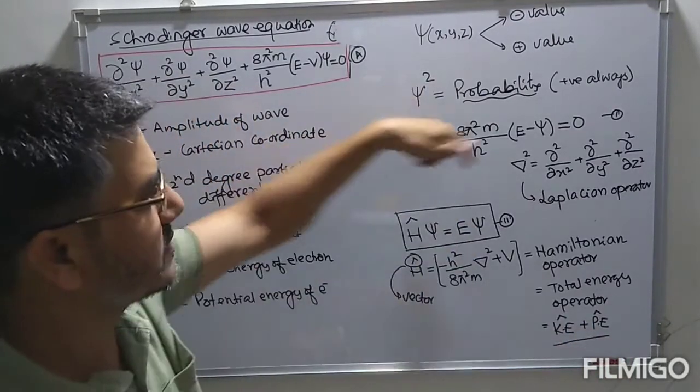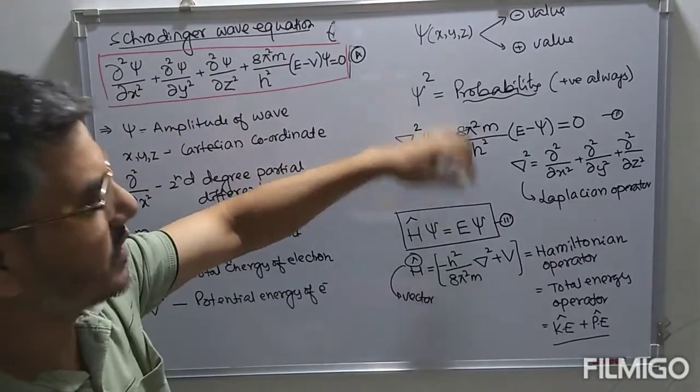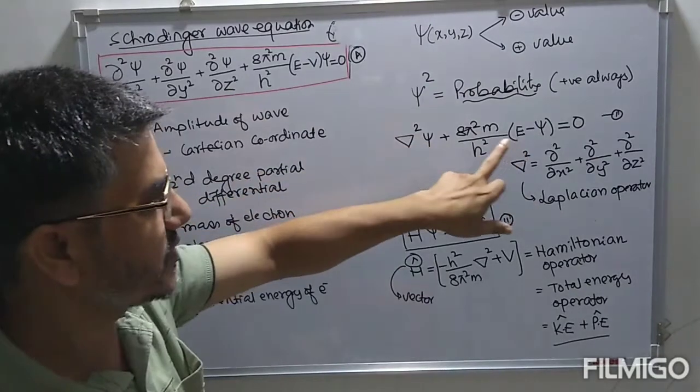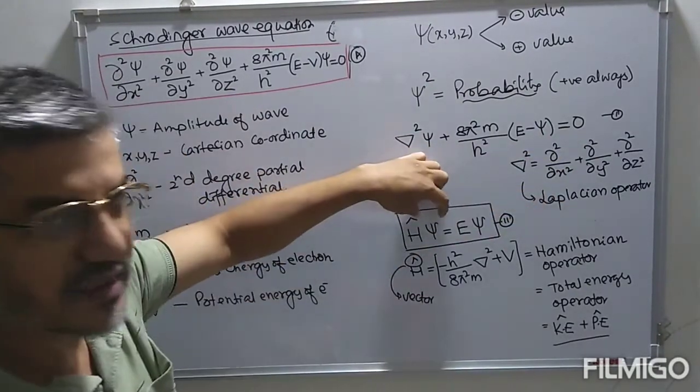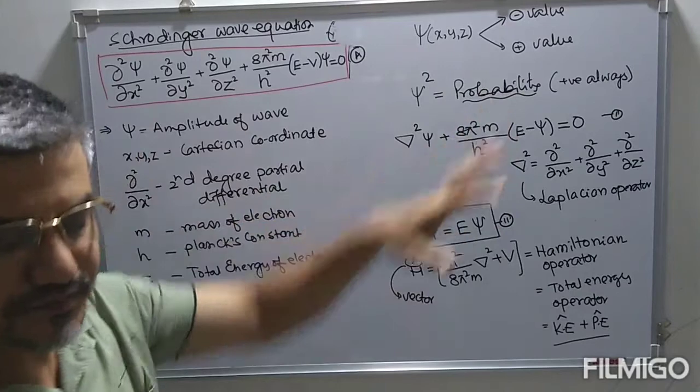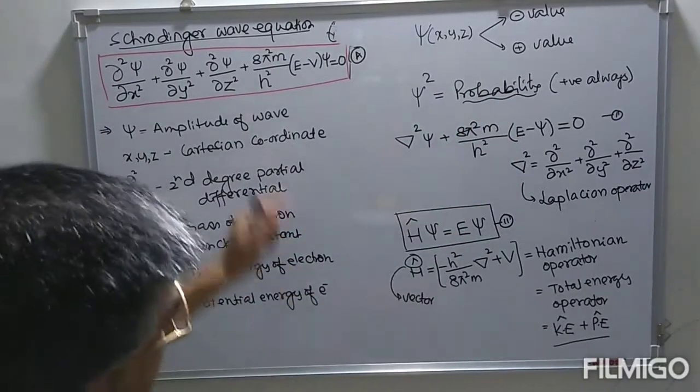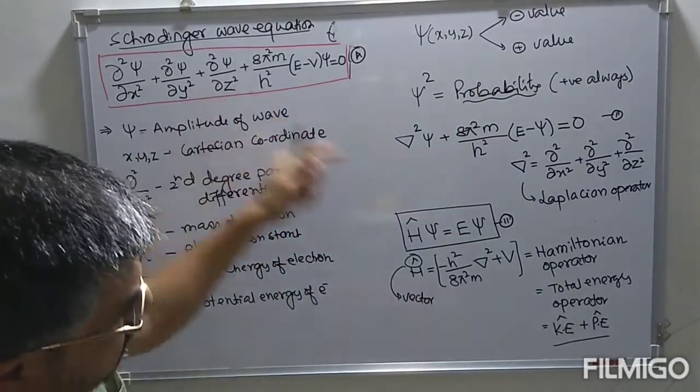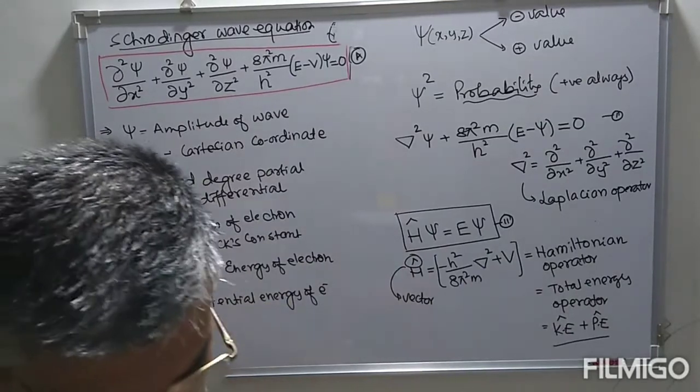We can rearrange this to give you this equation. Everything remains the same except this is the rearrangement, in terms of E psi and H psi, where H psi is this form. So we can also write this long equation in this shorter format.